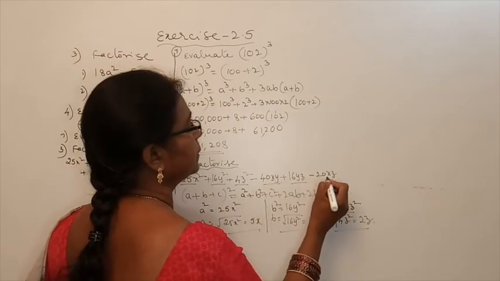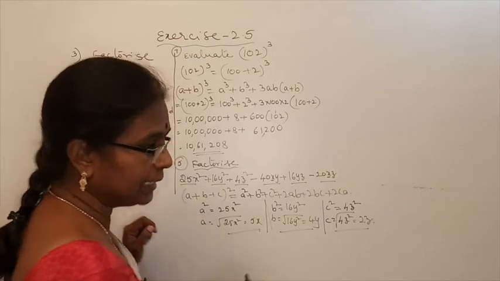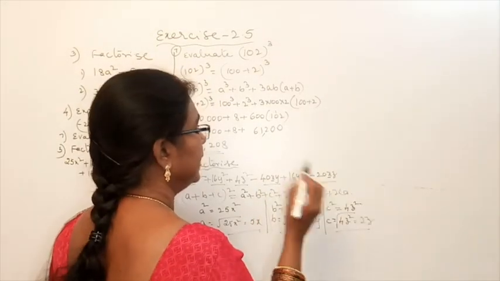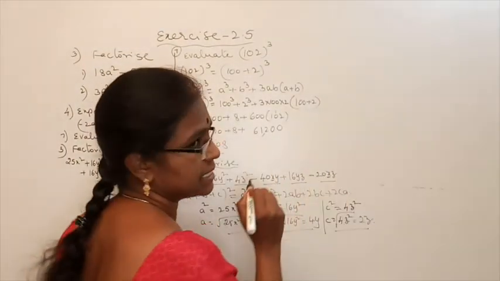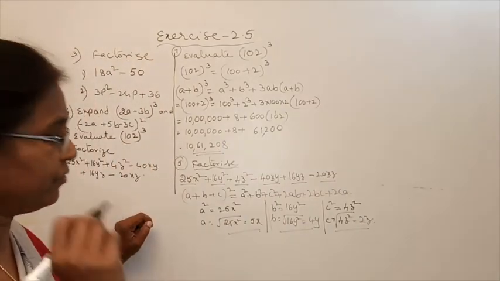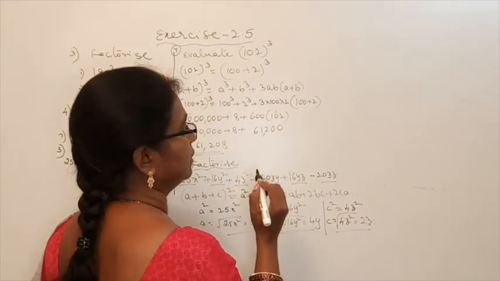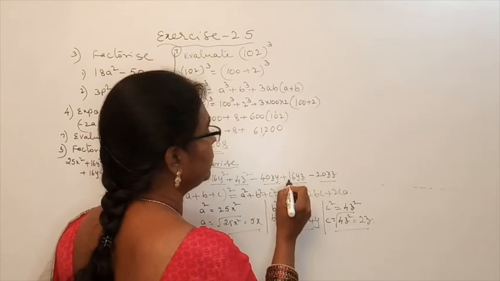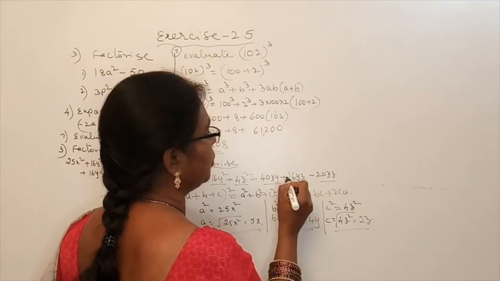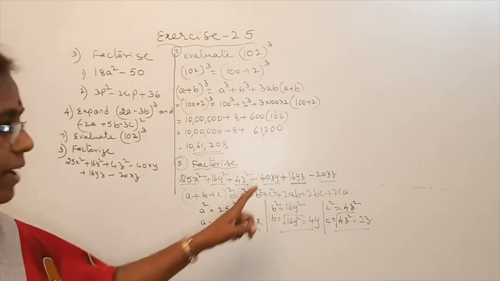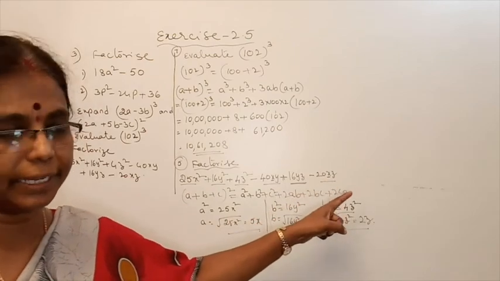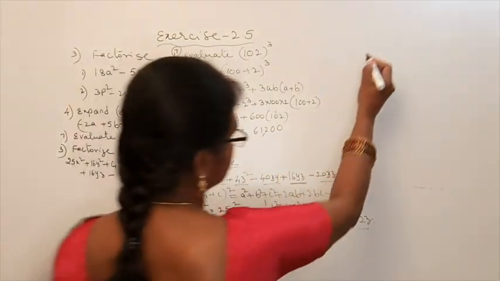X is common. Then what are the other terms? Y, Z. That means Y and Z must be negative. If you multiply Y and Z, negative into negative is positive, then the YZ term is positive only. That means Y and Z must be negative. Then how to write now?